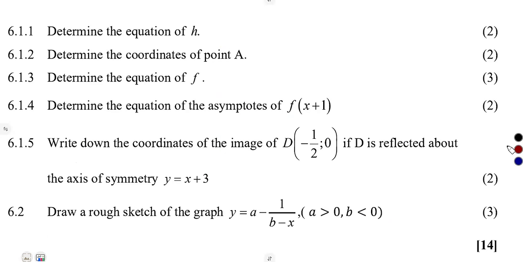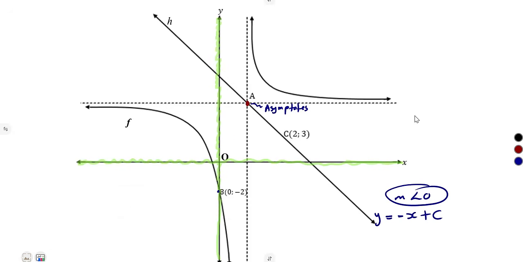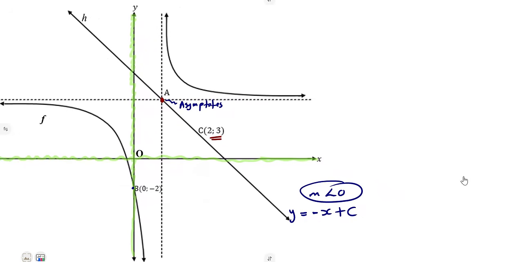Anyways, let us see our questions out of the given diagram. These are the set of questions that were given for 14 marks. 6.1.1, determine the equation of H. H is representing our axis of symmetry. There is a given point which is (2; 3). Already we have a point which lies on H, so we can use that.